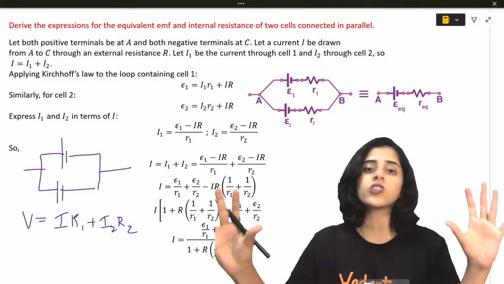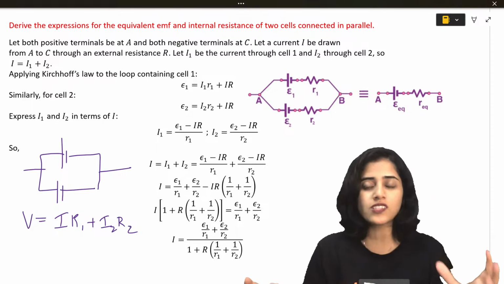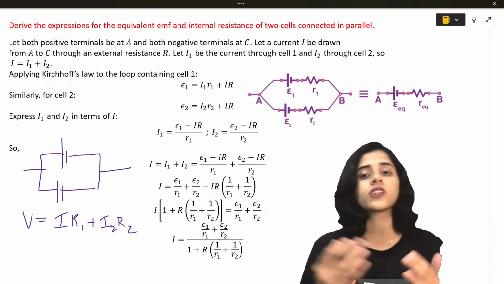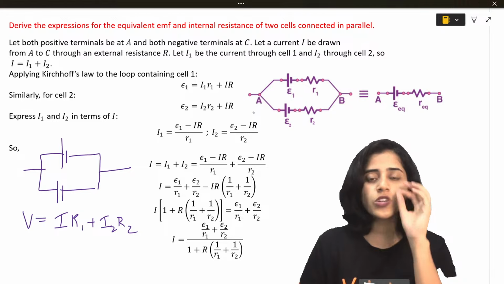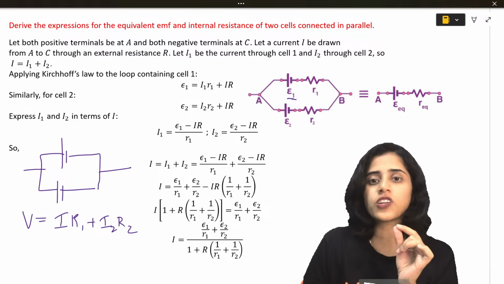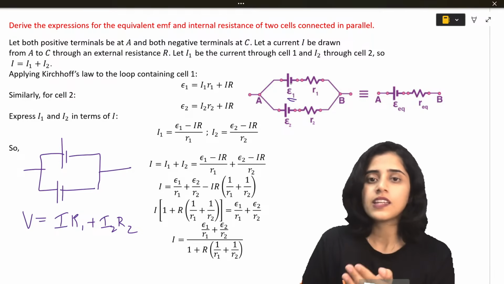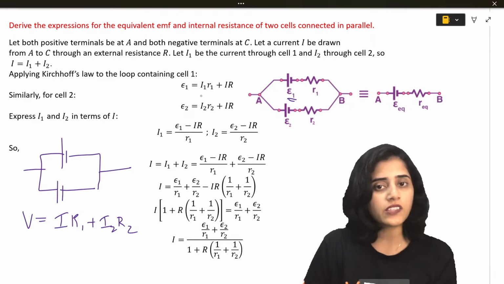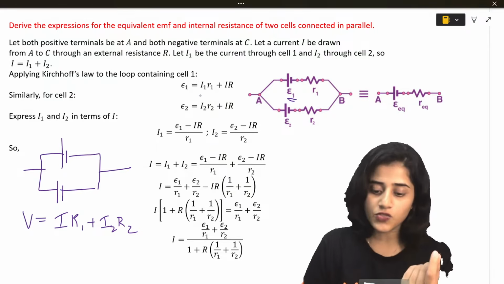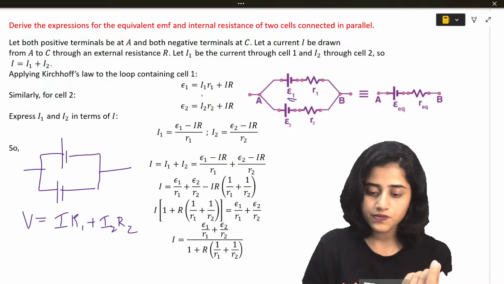So the total voltage, or the total EMF in a circuit, is the total currents into the total resistances. First we're going to take E1. E1 has a current of I1 passing through it and an internal resistance of R1.